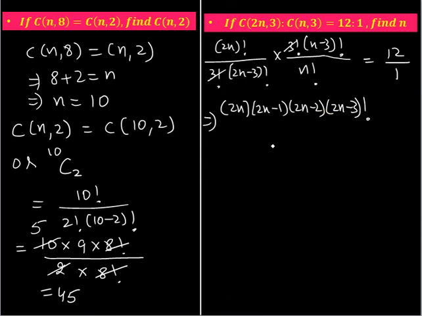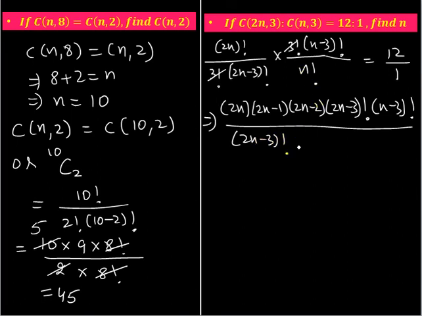So I'll stop here. Then this is also multiplying with n minus 3 factorial. So this is the numerator. What about the denominator? We already have 2n minus 3 factorial here, and n factorial I am going to expand. n minus 1, n minus 2, n minus 3 factorial.